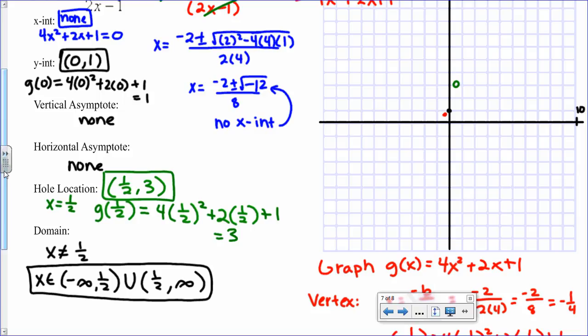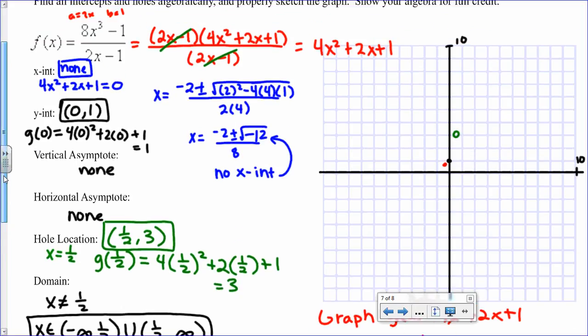Because we've just been doing a lot of graphs where we have dashed vertical lines, and those are asymptotes. But for parabolas, just to help me graph it, they have an axis of symmetry.